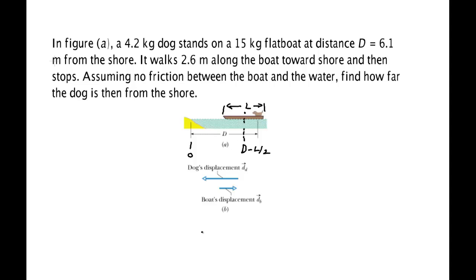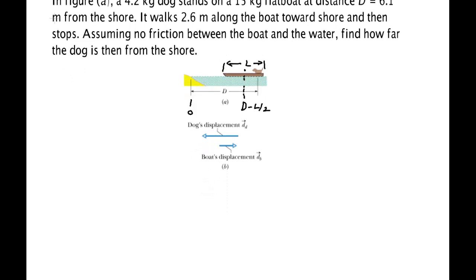It isn't essential that you do it this way, but somehow we have to be able to tell where the center of the boat is, so we can calculate where the center of mass of the system is. In the beginning, with this being x equals 0, the center of mass is going to be equal to the mass of the dog times the distance, which is big D, plus the mass of the boat, and that's located here at d minus L over 2.